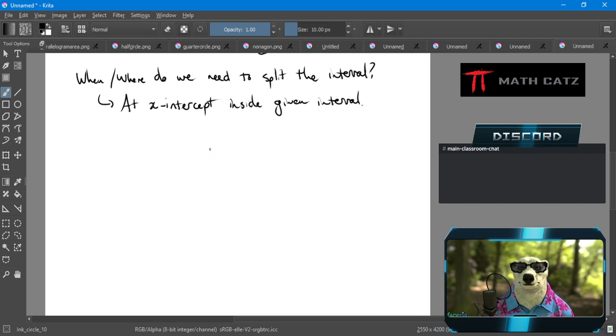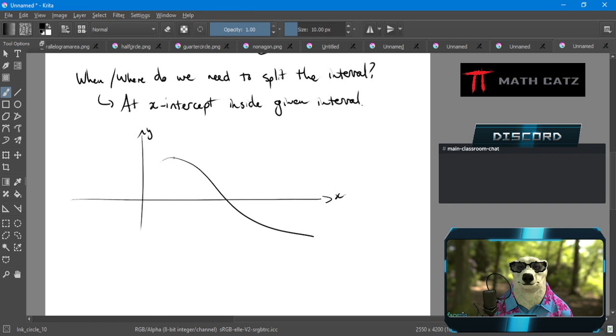If I have a graph, regardless of what it is, if in my interval there is an x-intercept, that means it's going to cross the x-axis potentially.